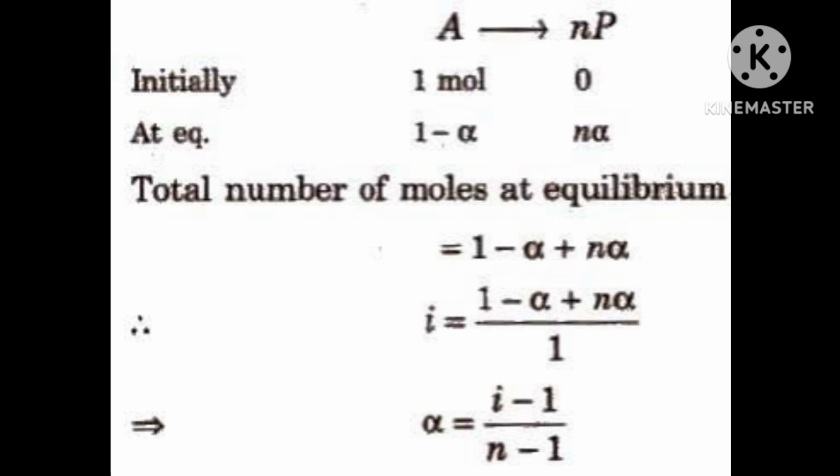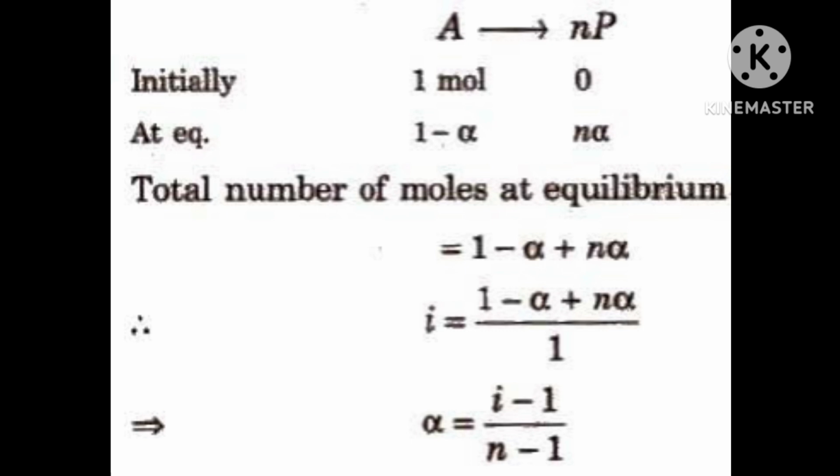For the abnormal, experimental molar mass, you know the formula: M2 is equal to Kf into weight of solute into 1000 divided by W1, the weight of solvent, into delta Tf. All data is given, so you can calculate M2 very easily.